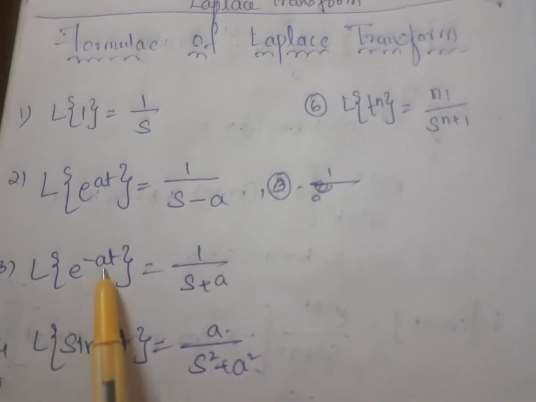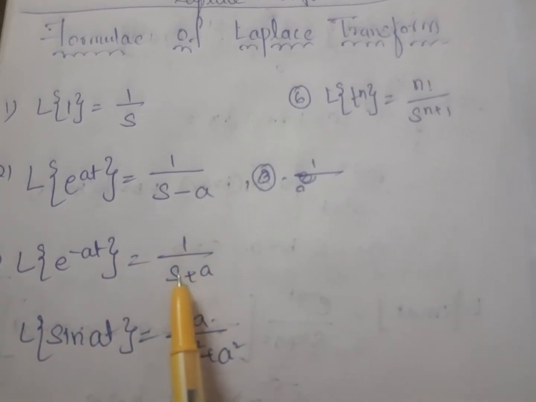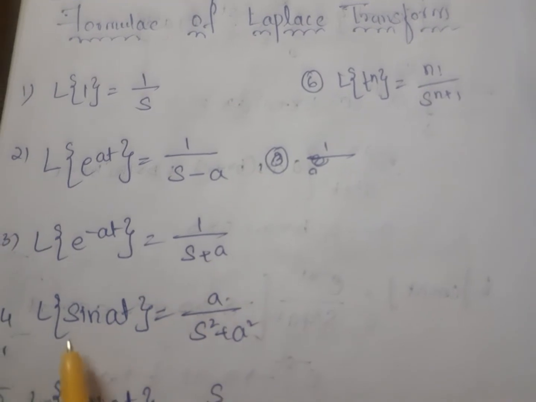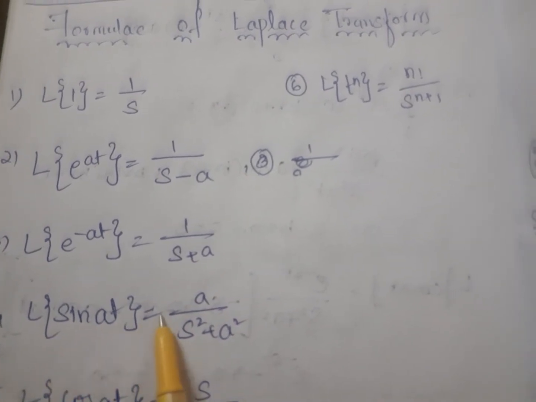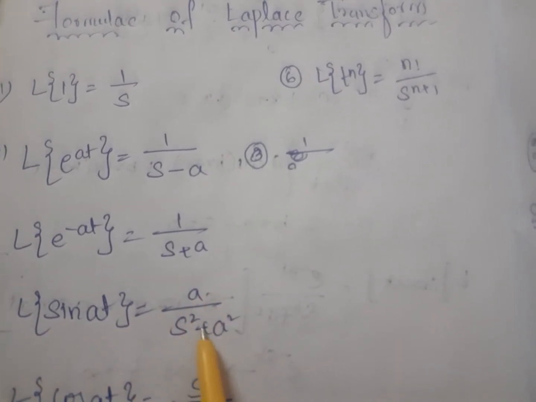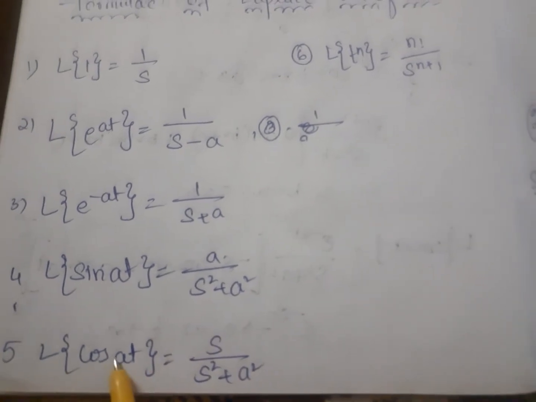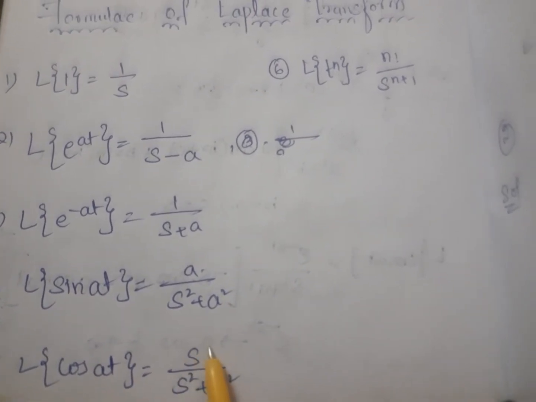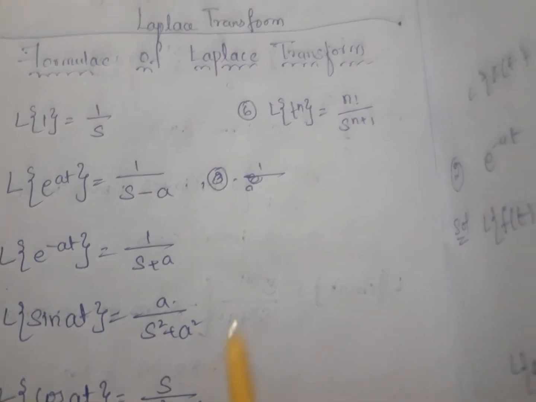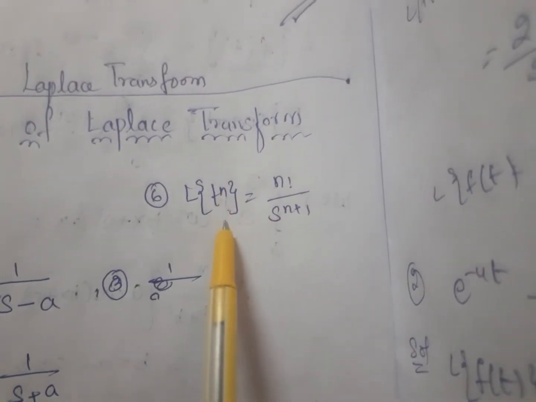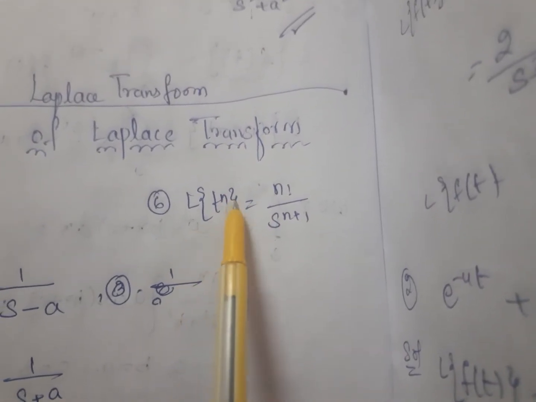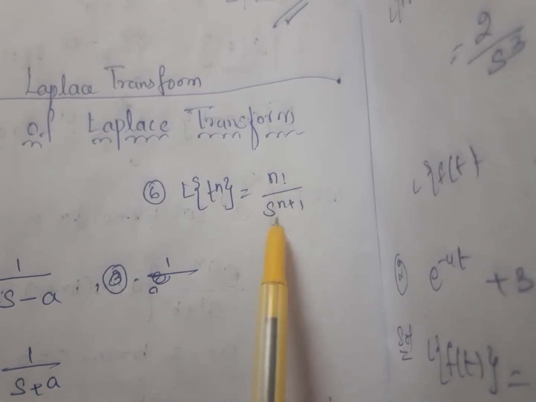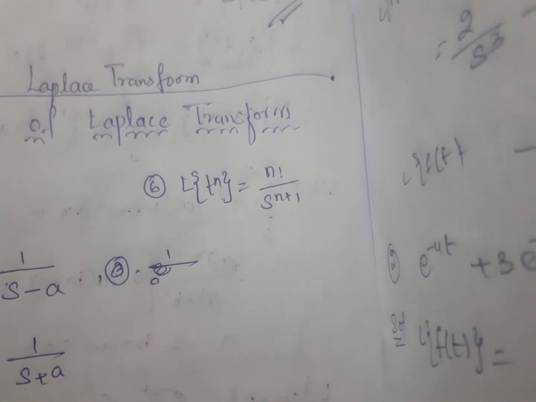L of e power minus at is equal to 1 by s plus a. L of sin at is equal to a by s square plus a square. L of cos at is equal to s by s square plus a square. And last, L of t power n is equal to n factorial by s power n plus 1.